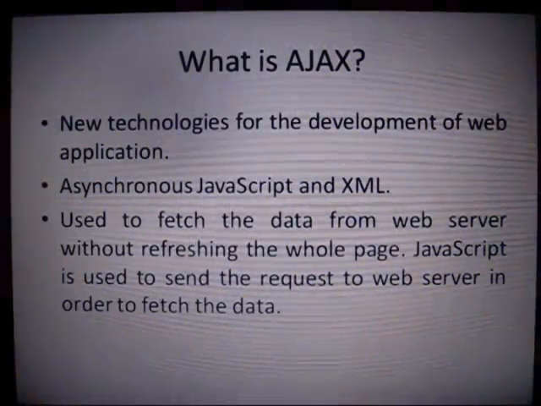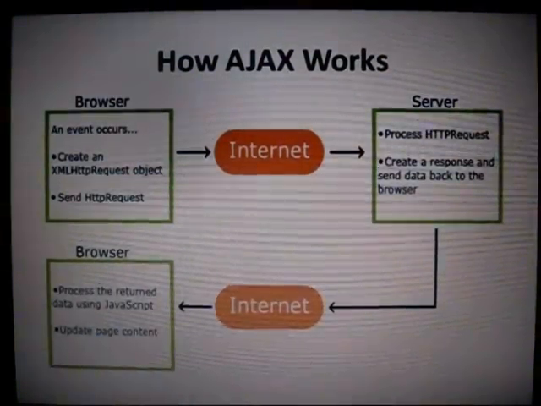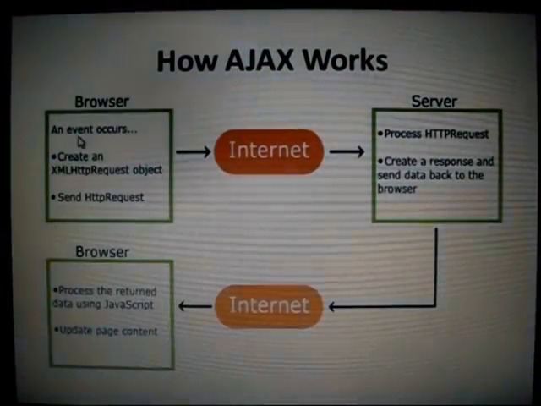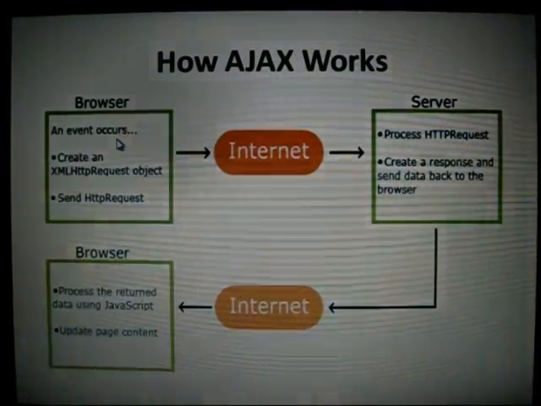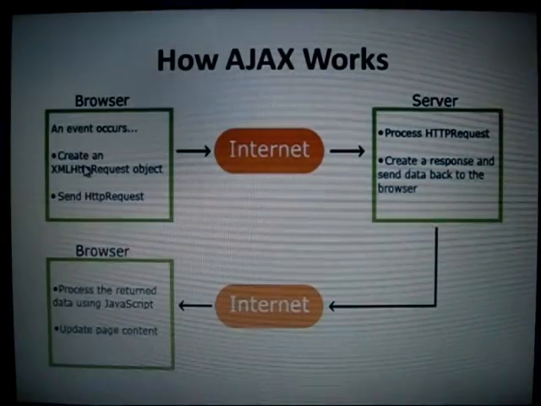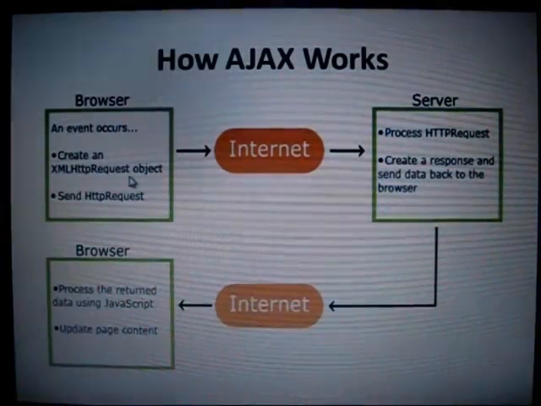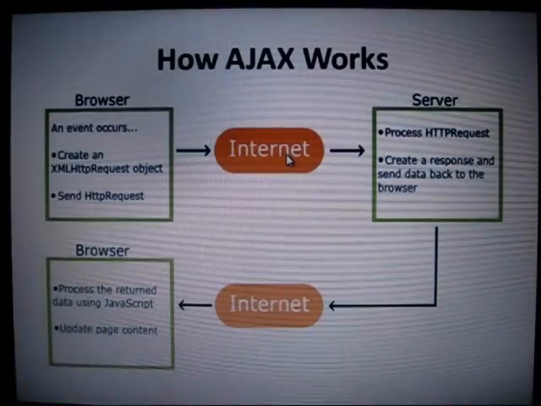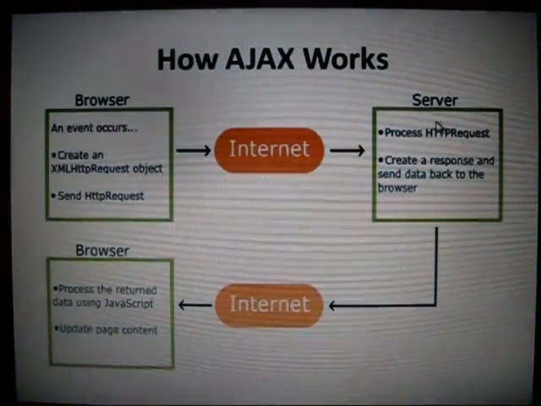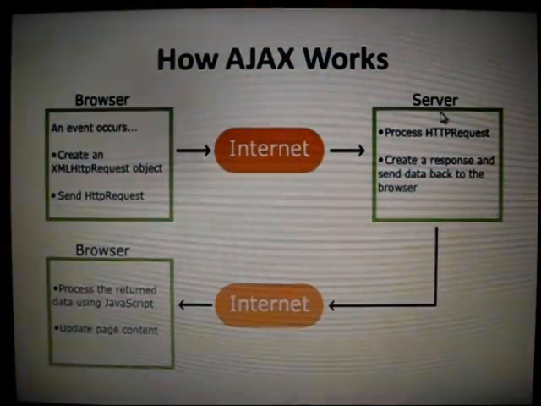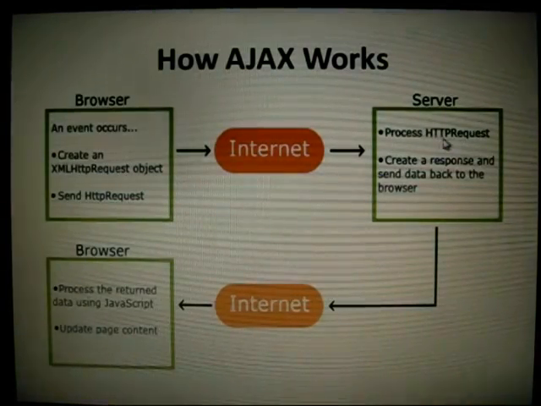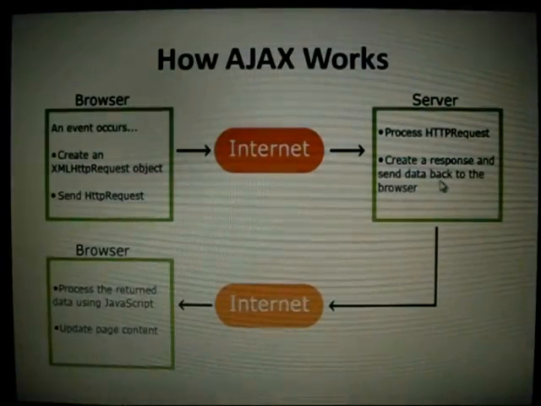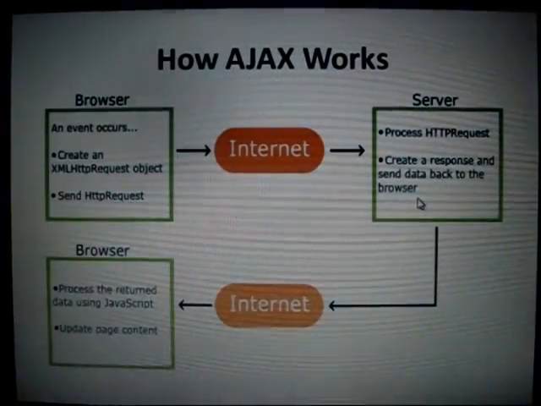How does Ajax work? Ajax works using a browser. A browser has an event that occurs which creates an XMLHttpRequest object and sends an HTTP request through the internet, and the server will process the HTTP request, create a response and send back the data to the browser.